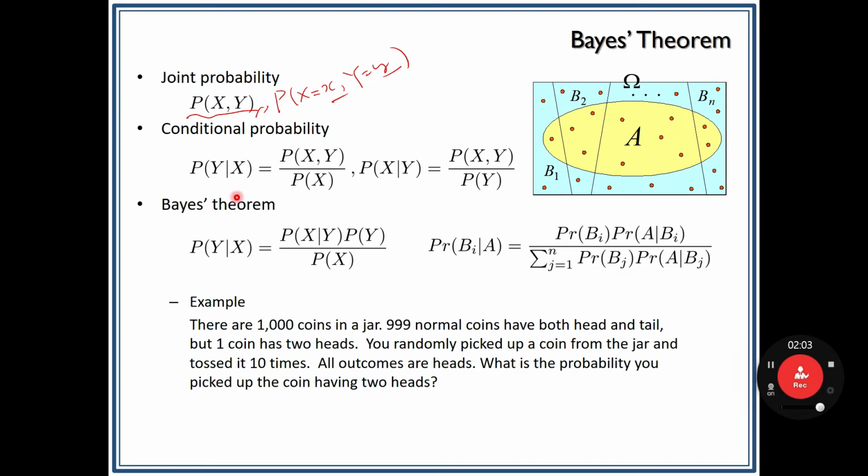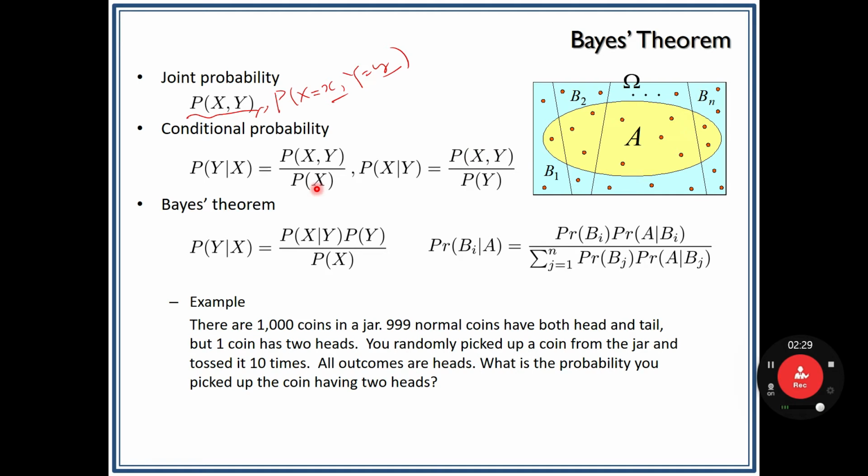If we use these two equations, we can easily derive this equality. The conditional probability of y given x equals this one over the marginal probability of x, because this one came from this equality.